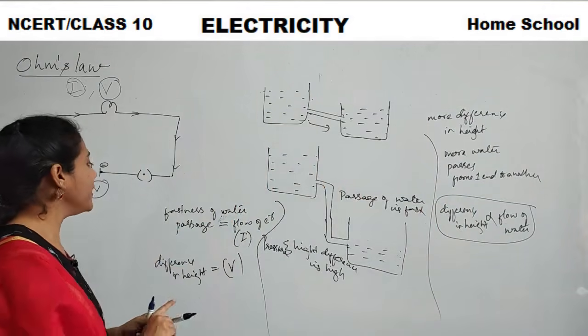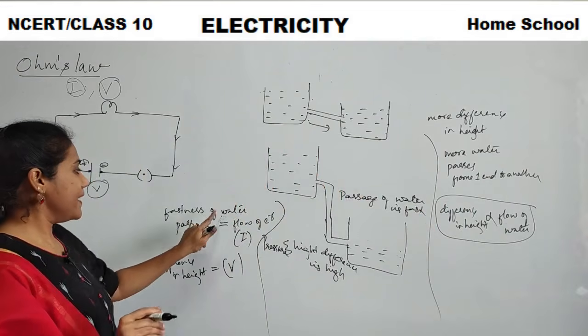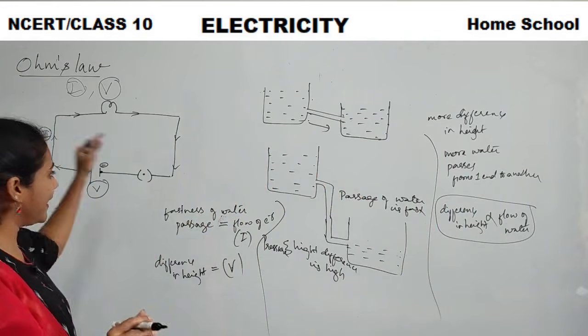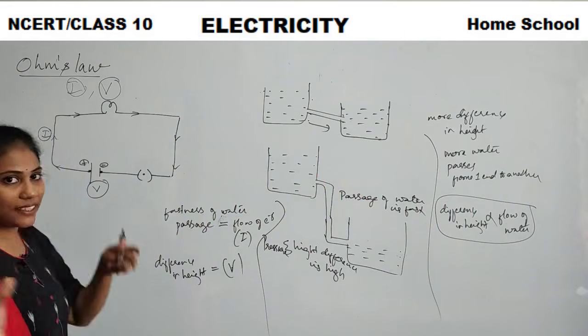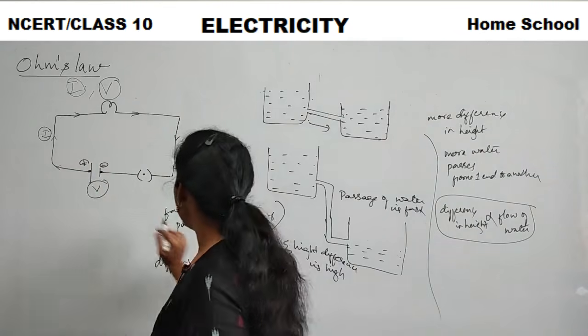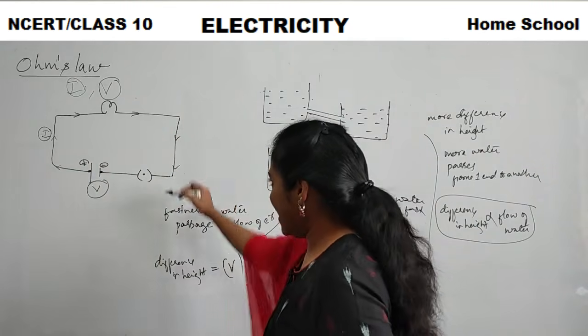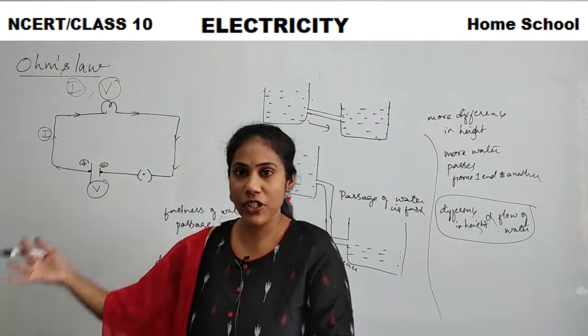This is what the meaning of difference in height is directly proportional to flow of water. So now what I have done: fastness of water passage, I compared with I, which is nothing but flow of electrons, right? And difference in height, difference in electric pressure, is voltage.